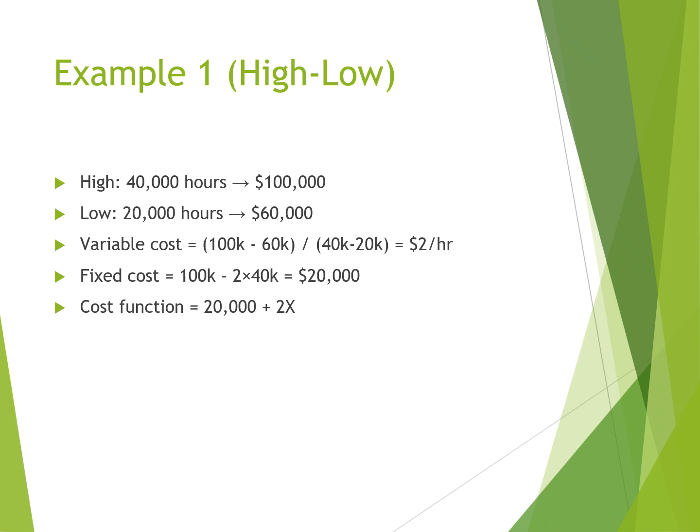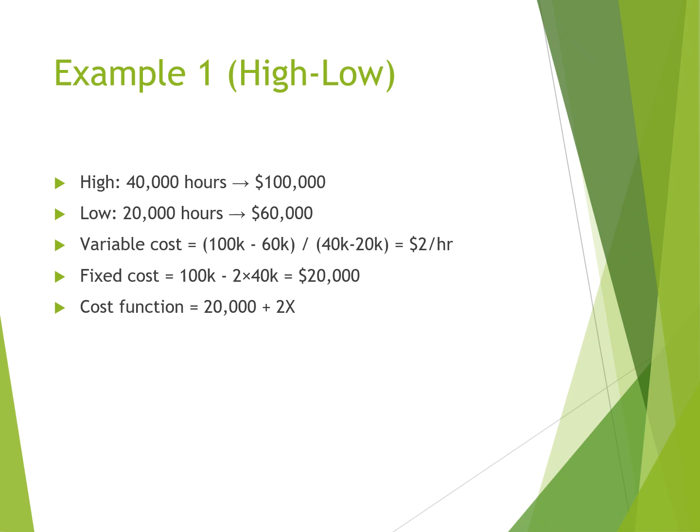High point is 40,000 hours, which is $100,000. Low point is 20,000 hours, which is $60,000. So step one, variable cost is 100,000 minus 60,000, and then divided by 40,000 minus 20,000, which gives us $2 per hour.